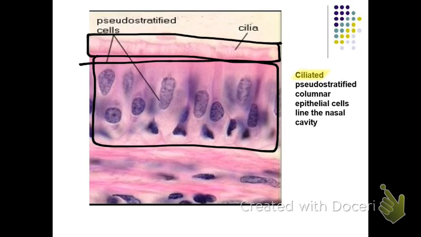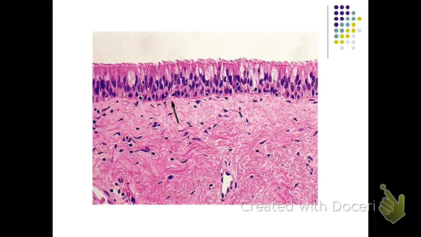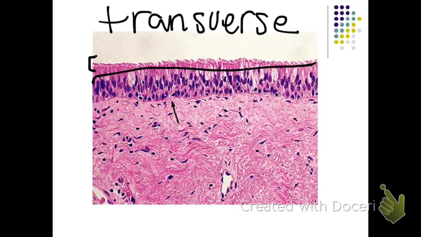And of course, then you have the basal cells down in through here. Here is a more transverse image of the same type of cells. Again, you can see this small ciliated region in through here with our pseudo-stratified cells just underneath.